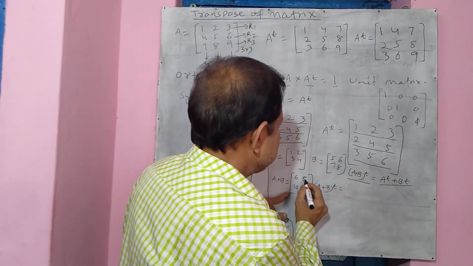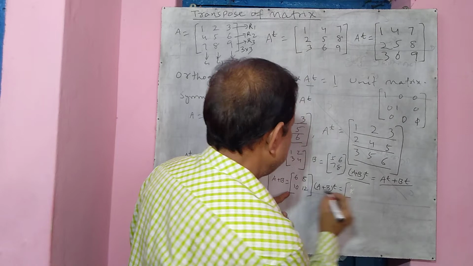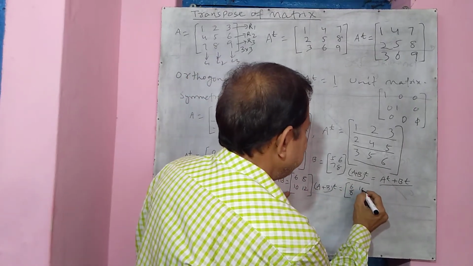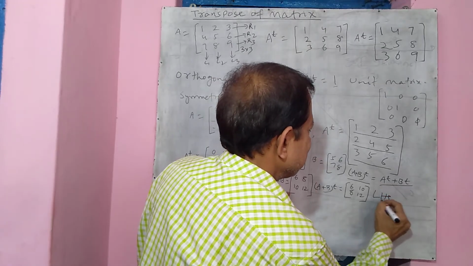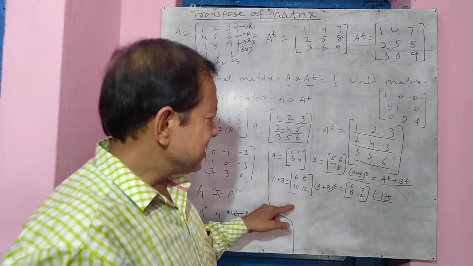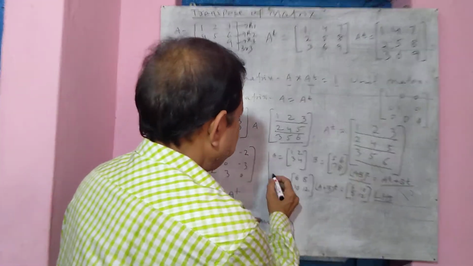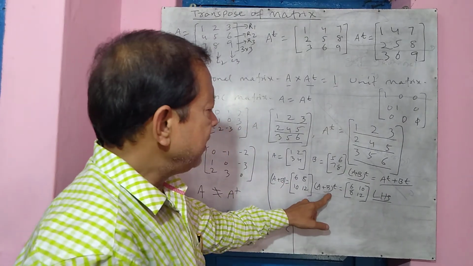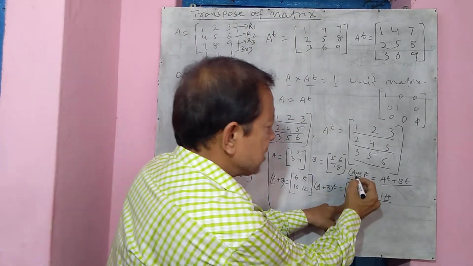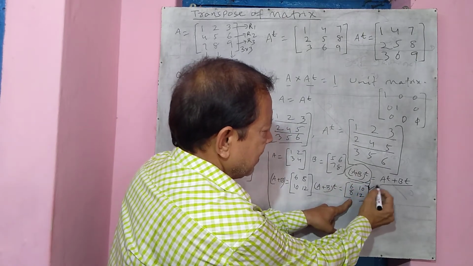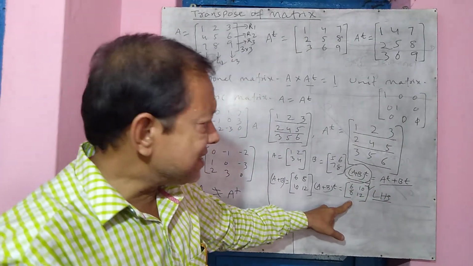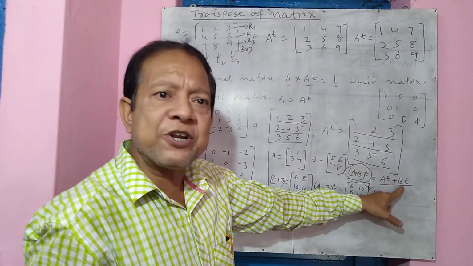Let's say 6, 8, I write 6, 8 here, 10, 12, I write 10, 12 here. So this is LHS, that is A plus B transpose. The first part of the question was LHS. This is the answer. Now let's come to the RHS, that is A transpose plus B transpose.